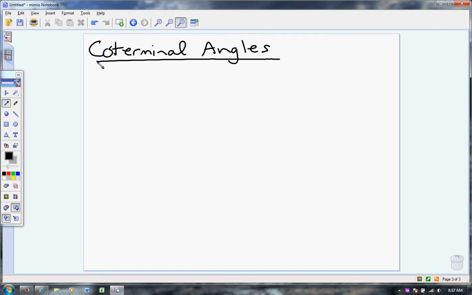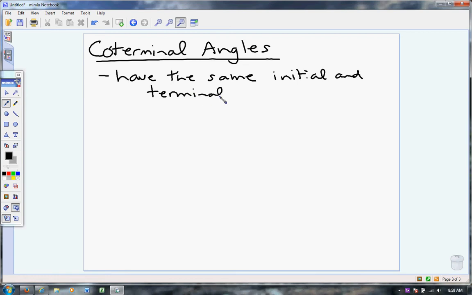Coterminal angles have the same initial and terminal sides.